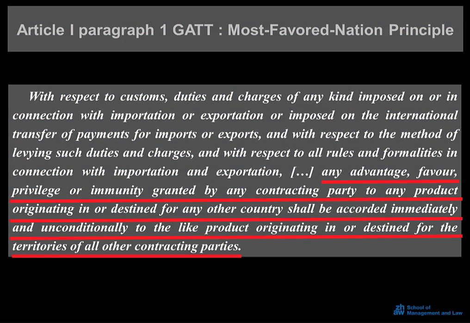Any advantage, favor, and so on granted by any contracting party to any product originating in or destined for any other country shall be accorded immediately and unconditionally to the like product originating in or destined for the territories of all other contracting parties. Everything clear?